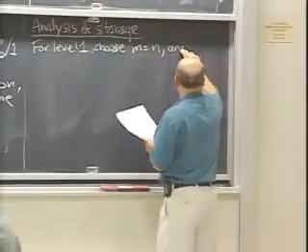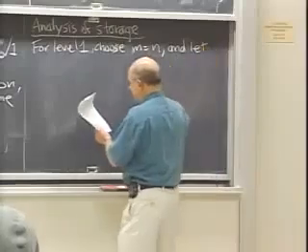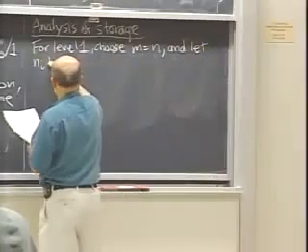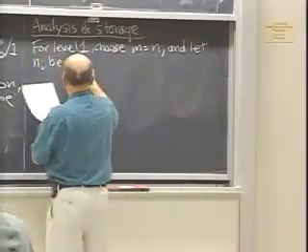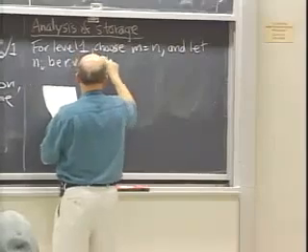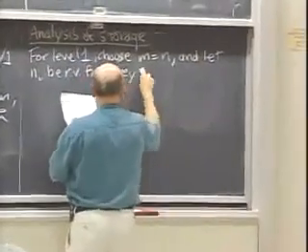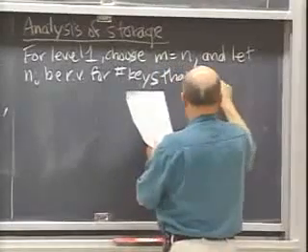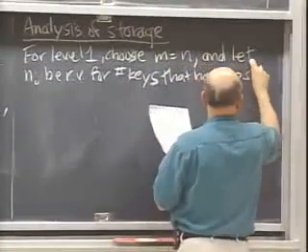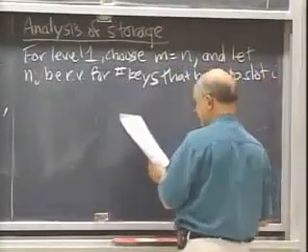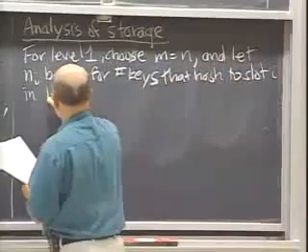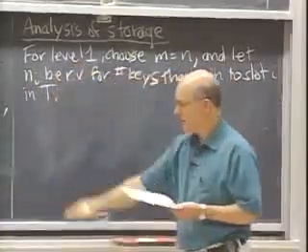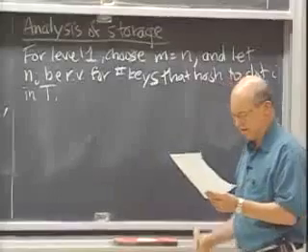And now let n sub i be the random variable for the number of keys that hash to slot i in T. Okay, so n sub i is just what we've called it, the number of elements that slot there.